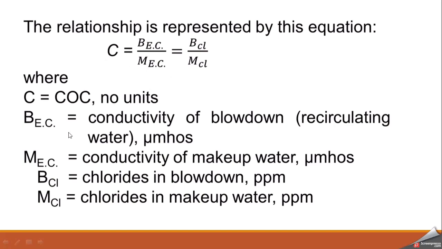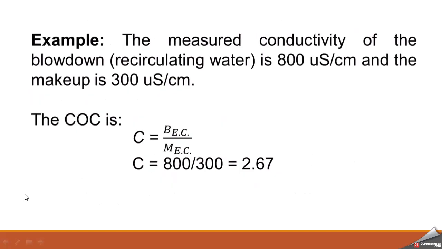So these are the terms which are explained here. B is conductivity of blow down, M is conductivity of makeup water, B used for blow down and M used for makeup water. So the example: the measured conductivity of the blow down recirculating water is 800 microsiemens per centimeter and the makeup is 300 microsiemens per centimeter.